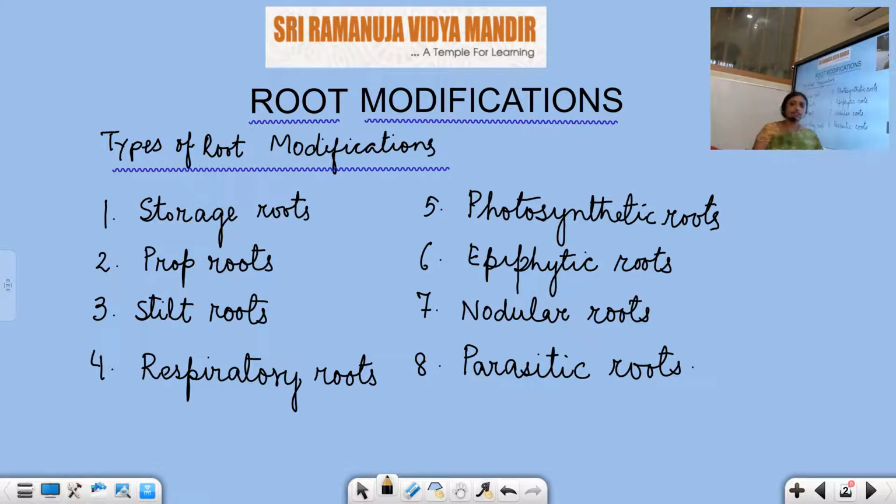Second, it absorbs water, minerals and salts from the soil. Third, it conducts the absorbed water, minerals and salts to the other parts of the plant body. Other than these three functions, if any structural change occurs in the root to perform a new function, that is called root modification.